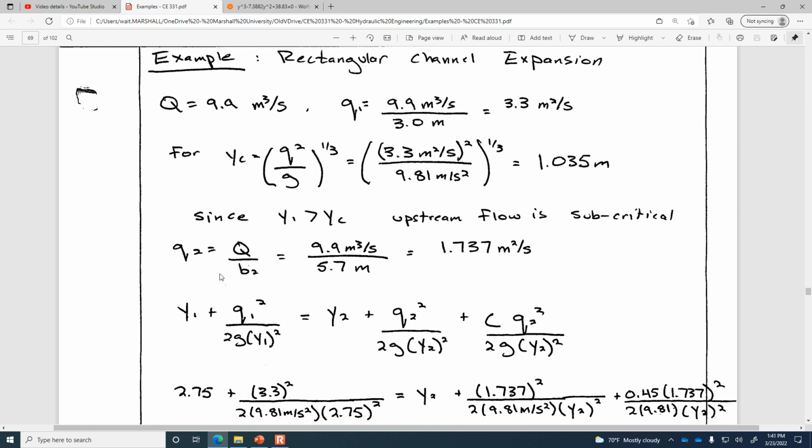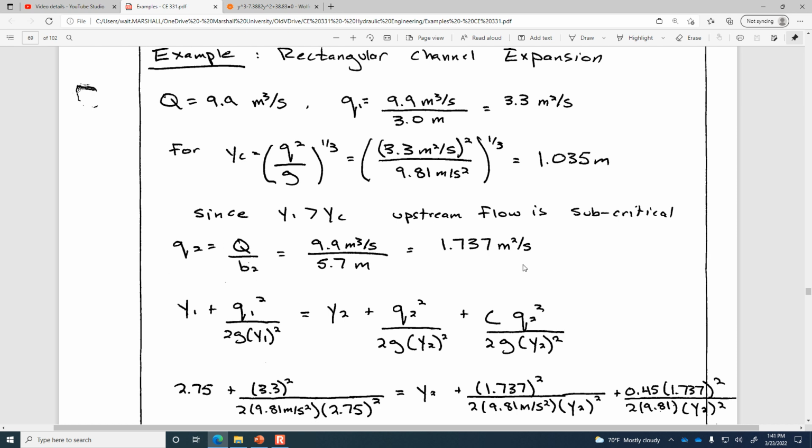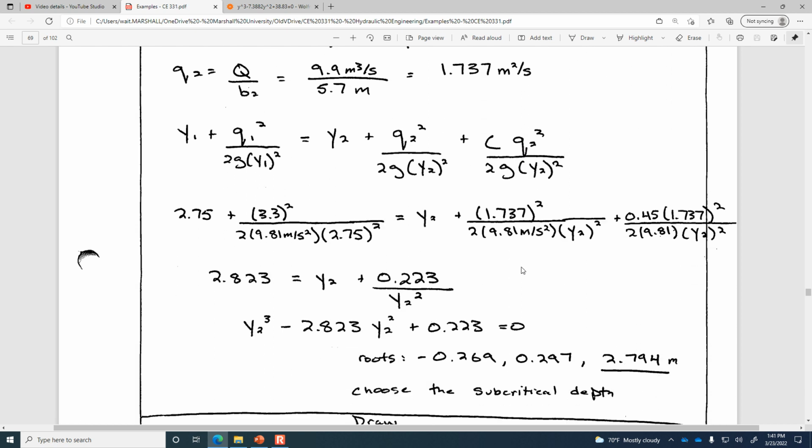Also getting the flow per unit width at 2. So here you can see the substitutions that I've gone through into the specific energy equation. And we've got this negative root that we throw out, a supercritical root, and the subcritical root, which is the one that we select. So we expect that the new downstream depth is going to be 2.794 meters after the expansion.